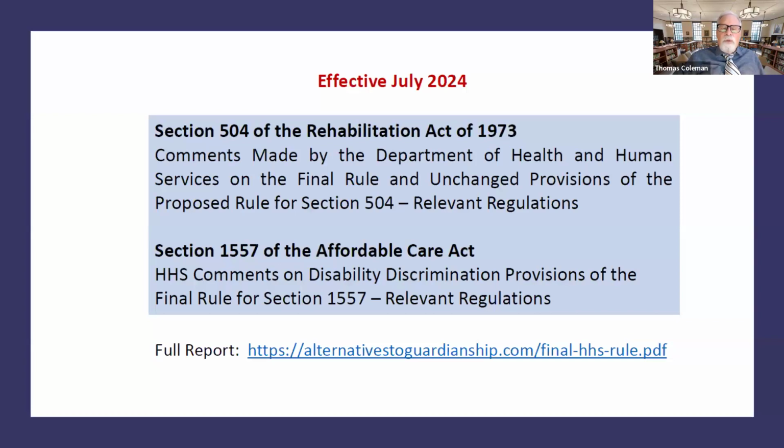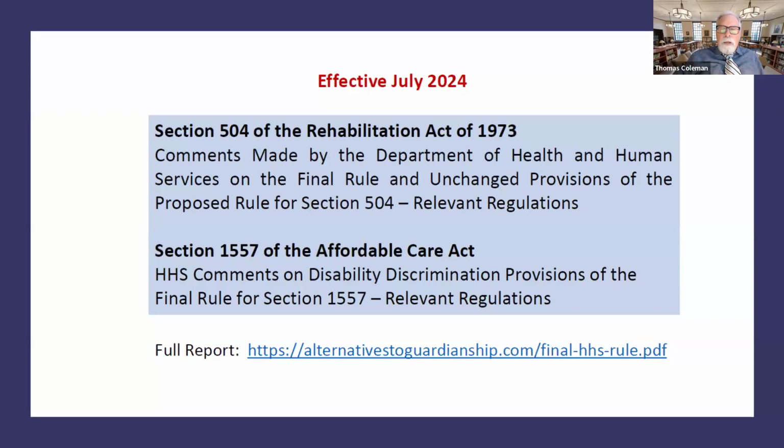And also, the second is Section 1557 of the Affordable Care Act, which is otherwise known as Obamacare. Both of these statutes prohibit discrimination against patients in the delivery of healthcare services.